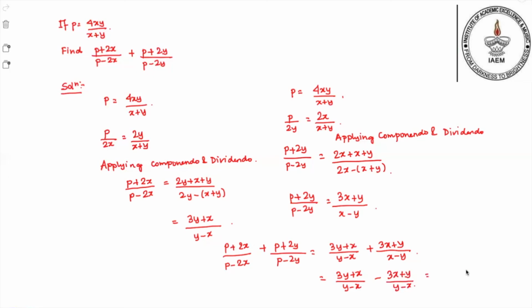So if we take the LCM as y minus x, we will have (3y minus y plus x minus 3x), which will be (2y minus 2x) by (y minus x), which will be 2 into (y minus x) by (y minus x) equals 2.